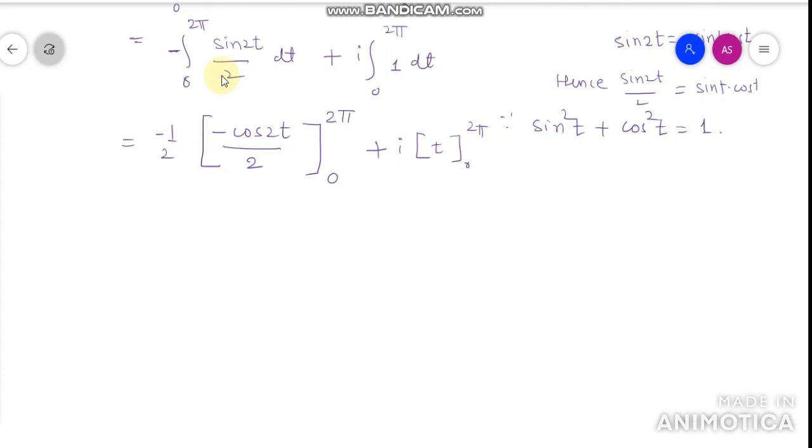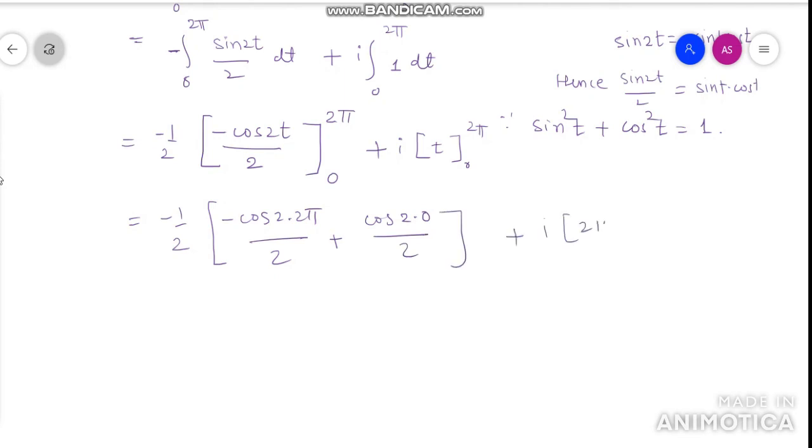Now this is equal to minus 1 upon 2 in bracket, minus cos 2 times 2 pi upon 2 plus cos 2 times 0 by 2, plus i into 2 pi minus 0, is equal to minus 1 upon 2.